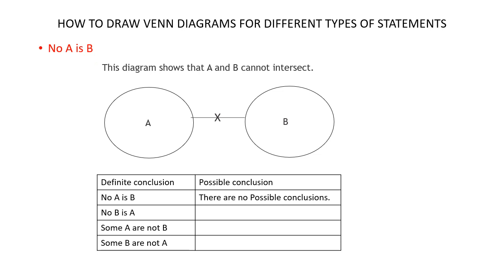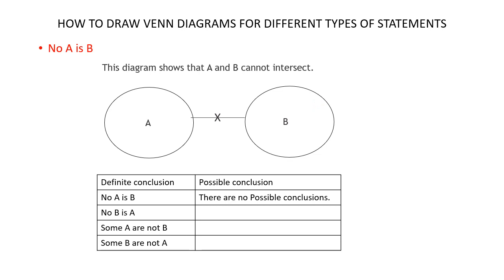They cannot intersect. So this is how you draw a Venn diagram for the statement no A is B. Here circle A and circle B are distinct and they cannot intersect.